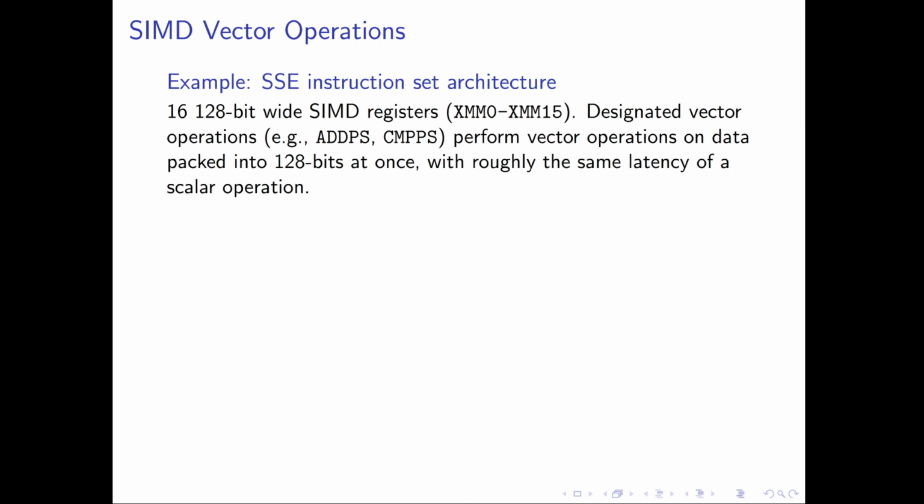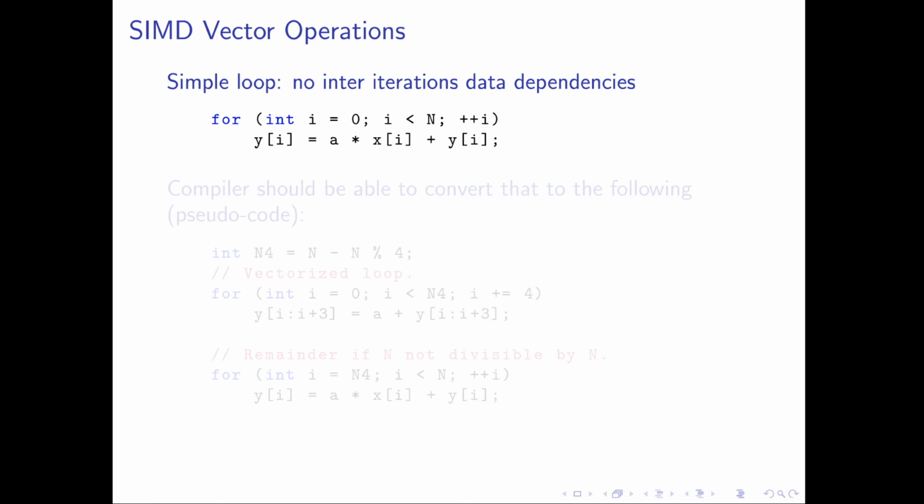So 256-bit SIMD is pretty commonplace on the x86 architecture nowadays. ARM has a dedicated vector instruction set called Neon, and ARM Neon is 128-bit, so comparable to SSE.